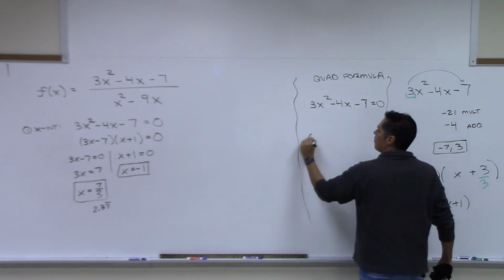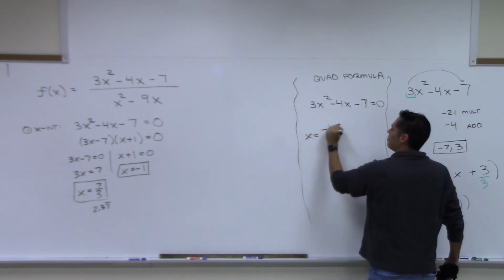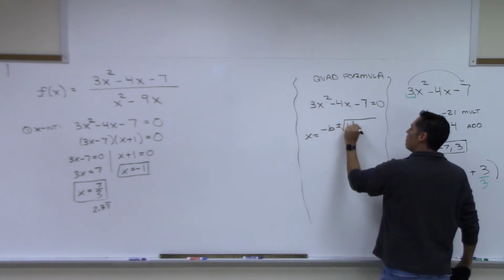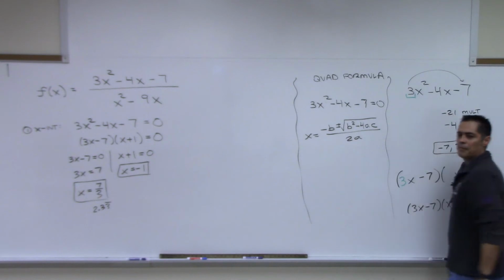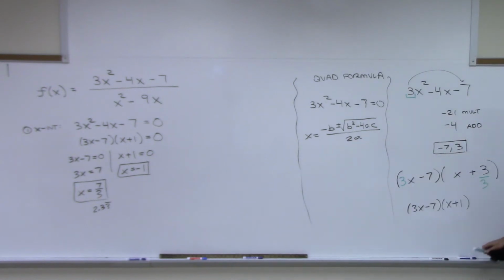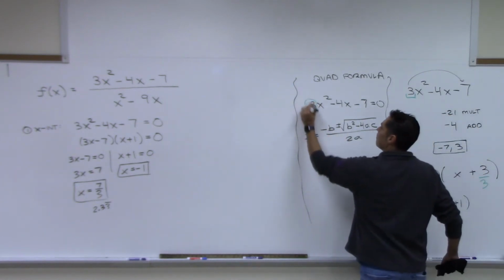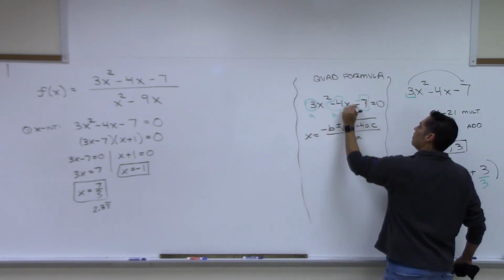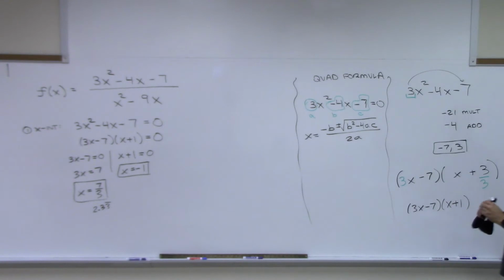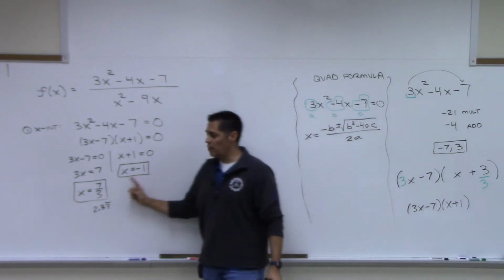So I have to use that formula, x equals negative b plus or minus the square root of b squared minus 4ac all over 2a. Where here for us, a is 3, b is negative 4, and c is negative 7. And just plug everything in, and at the end of this, we should get these two answers.